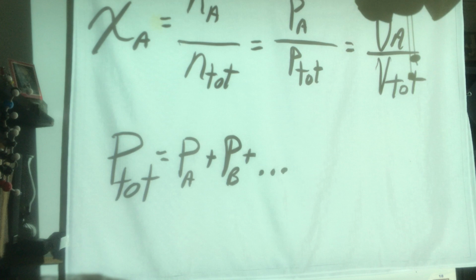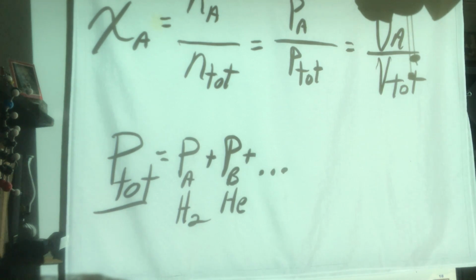For example, we are going to first use Dalton's law to solve for the total pressure of a combination of hydrogen gas and helium gas. So we're going to have a mixture of hydrogen gas and helium gas.